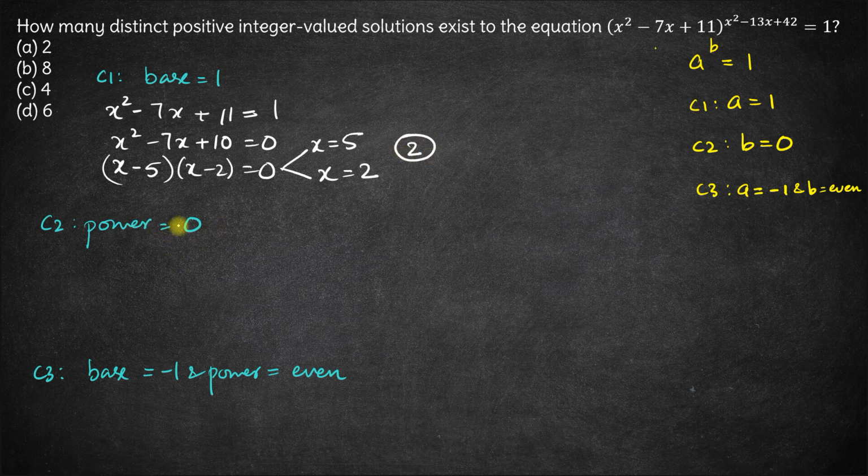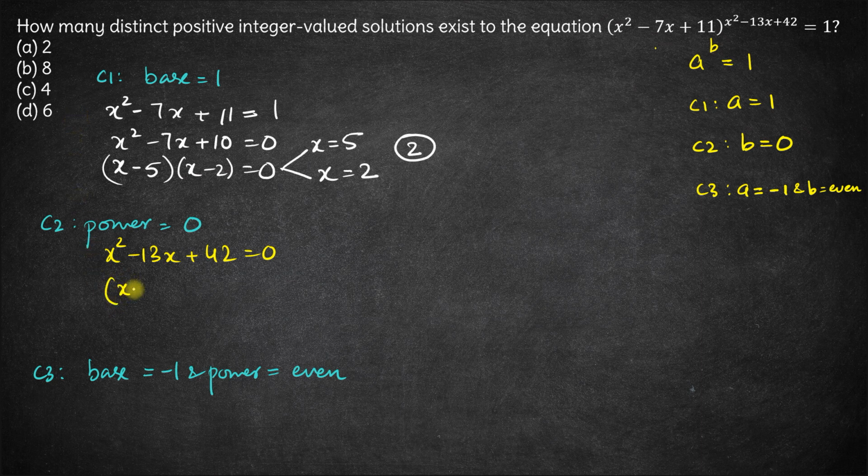Next is when the power is 0. The power is x square minus 13x plus 42, which should be 0. Again this is a quadratic, so let's try to factorize this. Think of two numbers whose sum is minus 13 and the product is 42. The numbers will be minus 6 and minus 7.